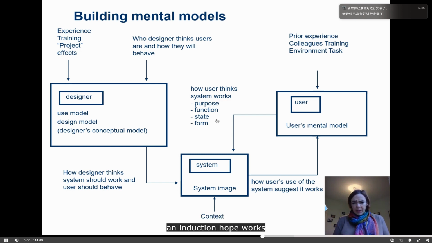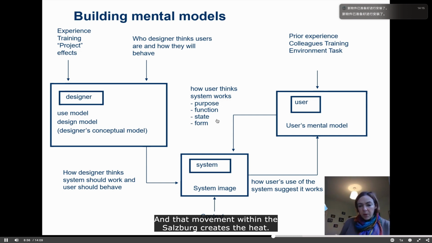An induction hob works through electricity that creates magnetism, and the magnetic force that comes through the induction hob excites the iron element within the saucepan on top of it, and that movement within the saucepan creates the heat. So it's a completely different mental model.